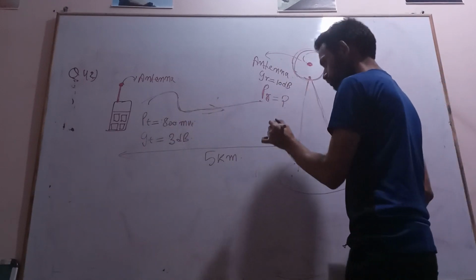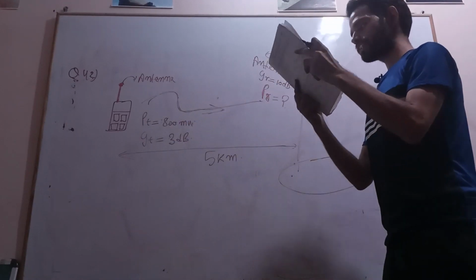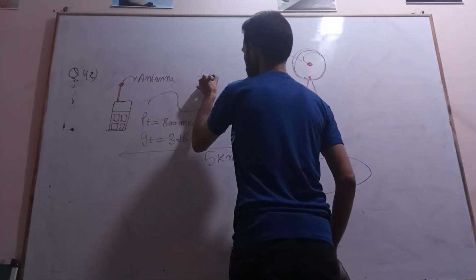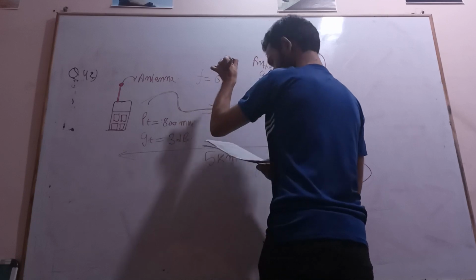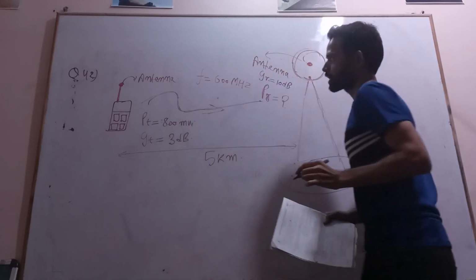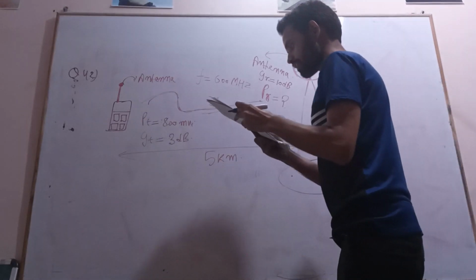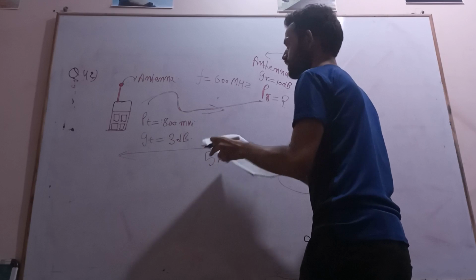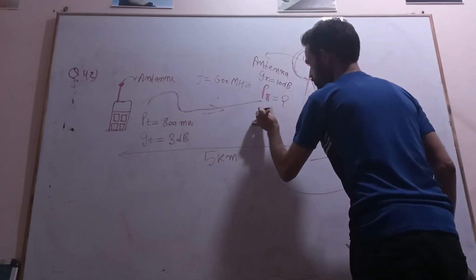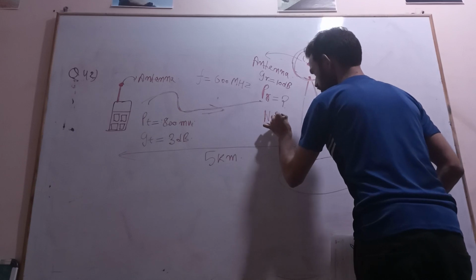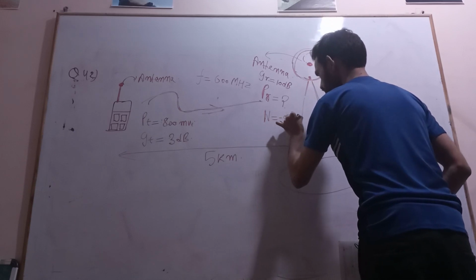Now he is saying that the transmission frequency is 600 megahertz. The noise level at the receiver input, if you see, is minus 95 dBm.